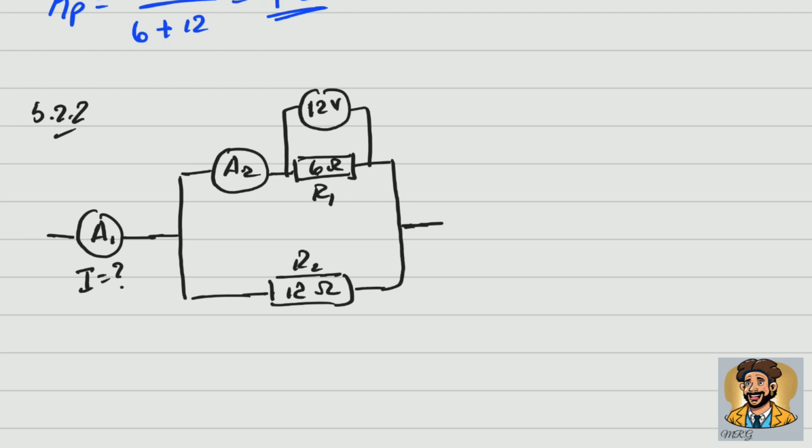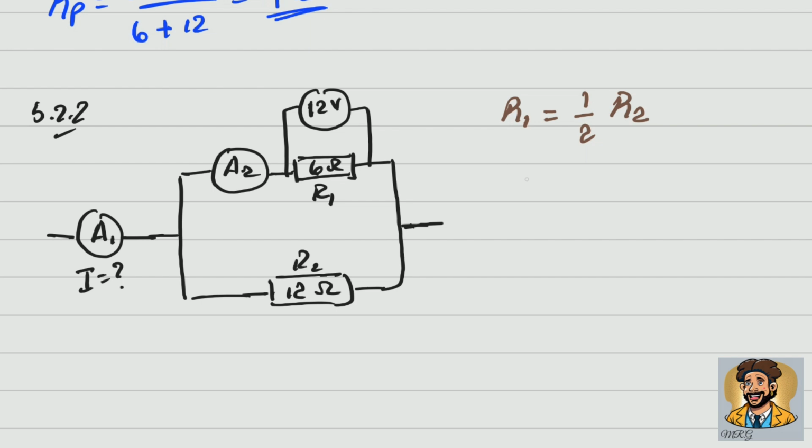Now, note the following. What we have here is that R1 is equal to half R2. You can see this one, R1 is 6 and R2 is 12.